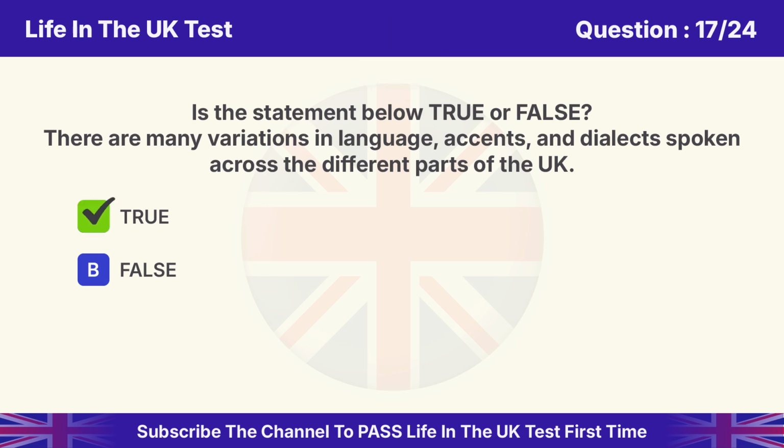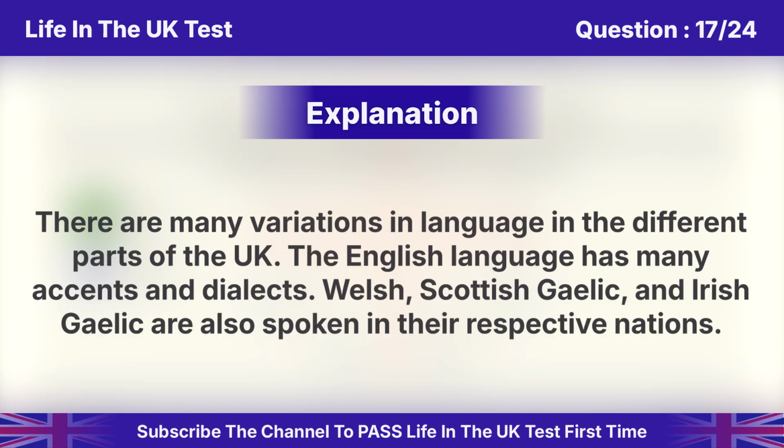Answer is A, true. There are many variations in language in the different parts of the UK. The English language has many accents and dialects. Welsh, Scottish Gaelic, and Irish Gaelic are also spoken in their respective nations.